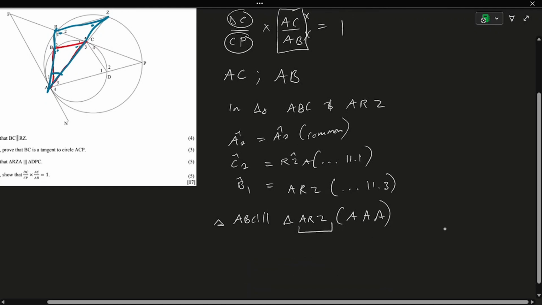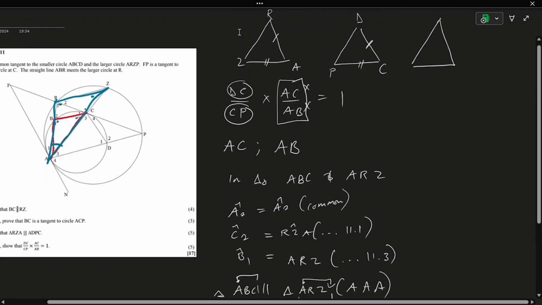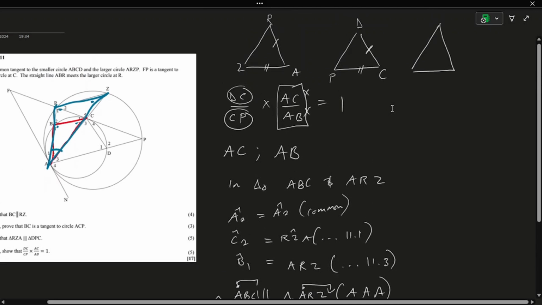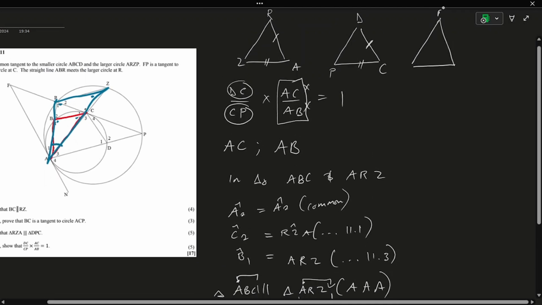So to make this RZA, you would need to take this A and place it in front of Z. This also means this A will move to be in front of C. So this will become BCA, so that we can write it in the same order that we wrote RZA and DPC. So now here we will have triangle BCA in anti-clockwise direction.